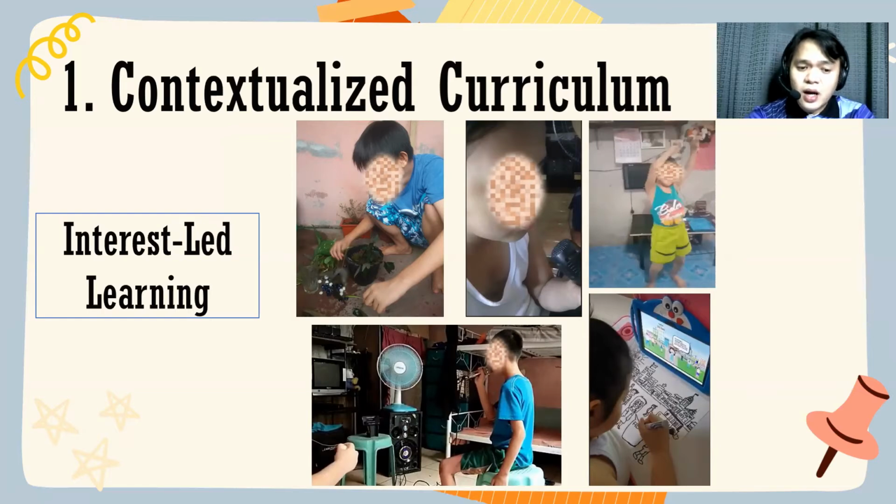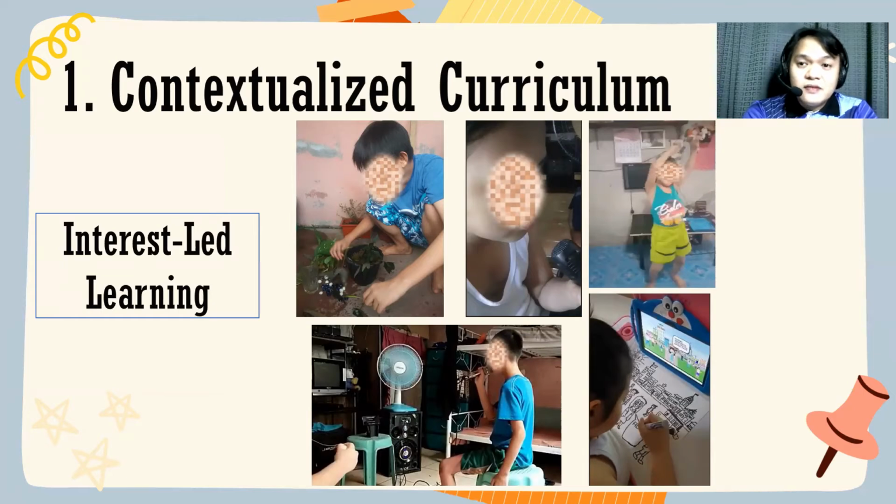Since the parents are our co-facilitators of learning, they can take note of what a child is curious about or enjoys doing. For example, the child is curious about planting because his mother is a plantita. Then the teacher may provide activities related to plants, maybe labeling the parts of the plants or telling stories related to plants.